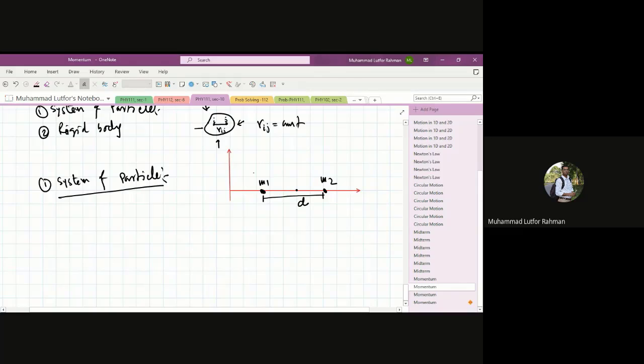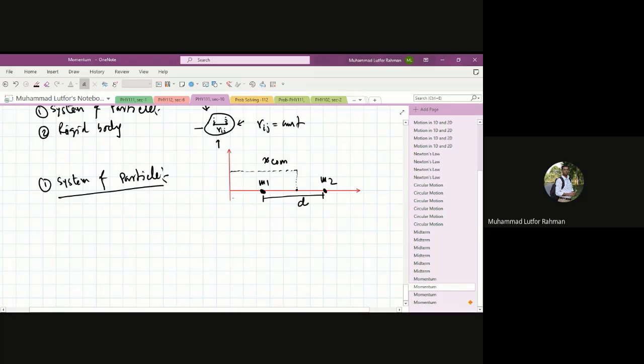If the masses are homogeneous or equal, say M1 and M2 are equal, then I can write down that the center of mass x would be at the middle. Fine. So how am I going to calculate that from this point mass distribution?